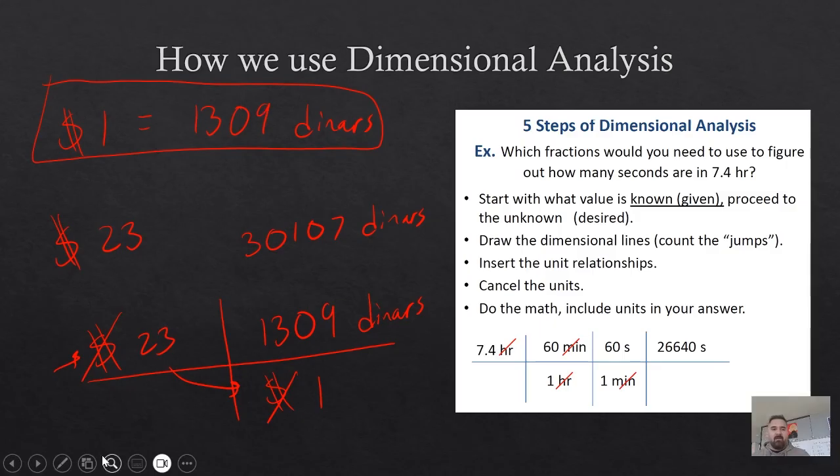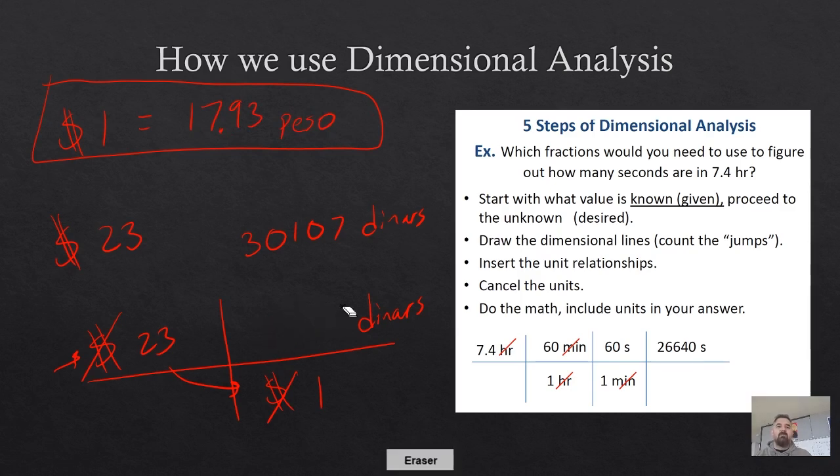Let me show y'all another example. $1 is also equal to 17.93 pesos. All right. So if we wanted to do the conversion to pesos, you still have... So it went down. That means that it actually went up.